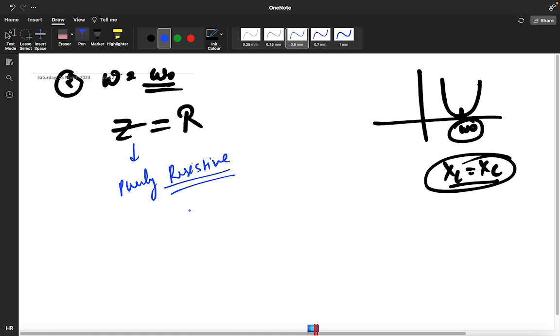And I hope you guys remember, in a resistance, voltage and current will be in phase. So that's what we did. It is in phase.